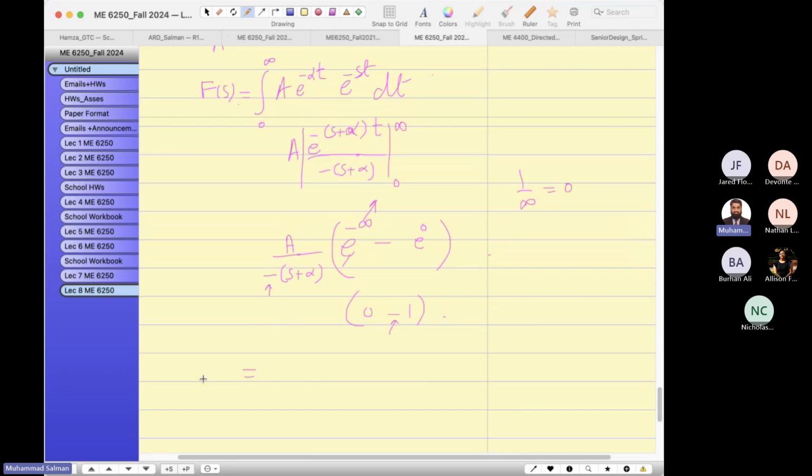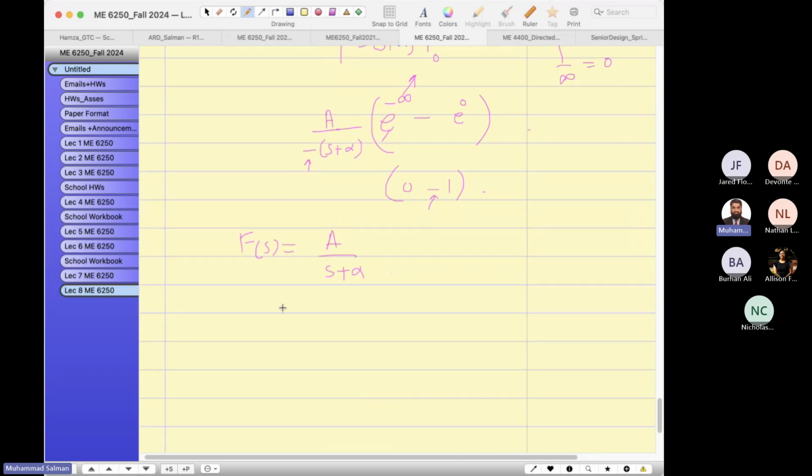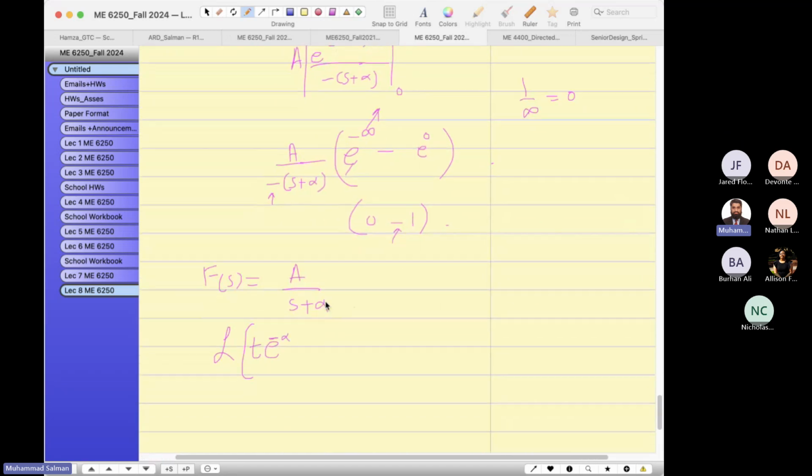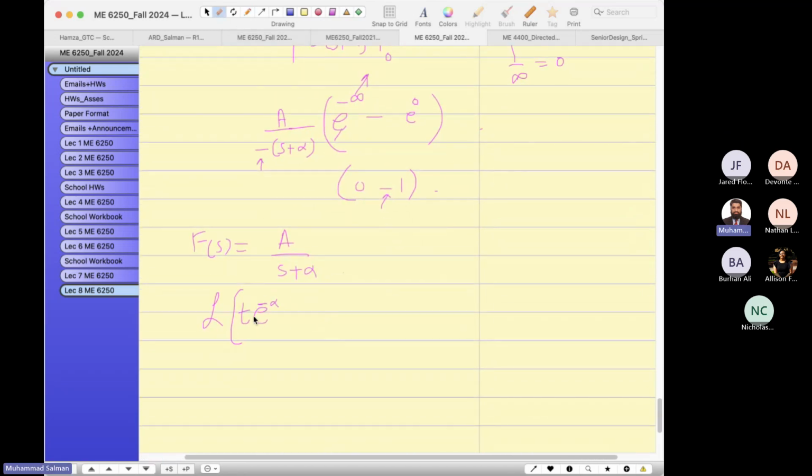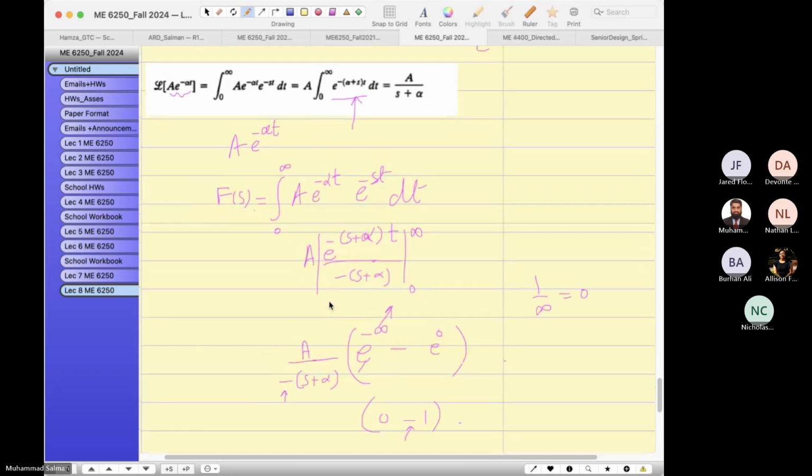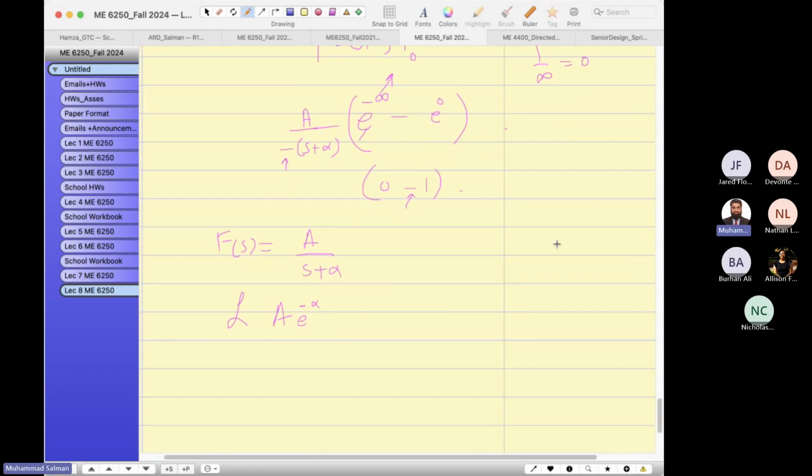So you are left with the new function, a over s plus alpha. So the Laplace transform of the function a e to the negative alpha t is a over s plus alpha.